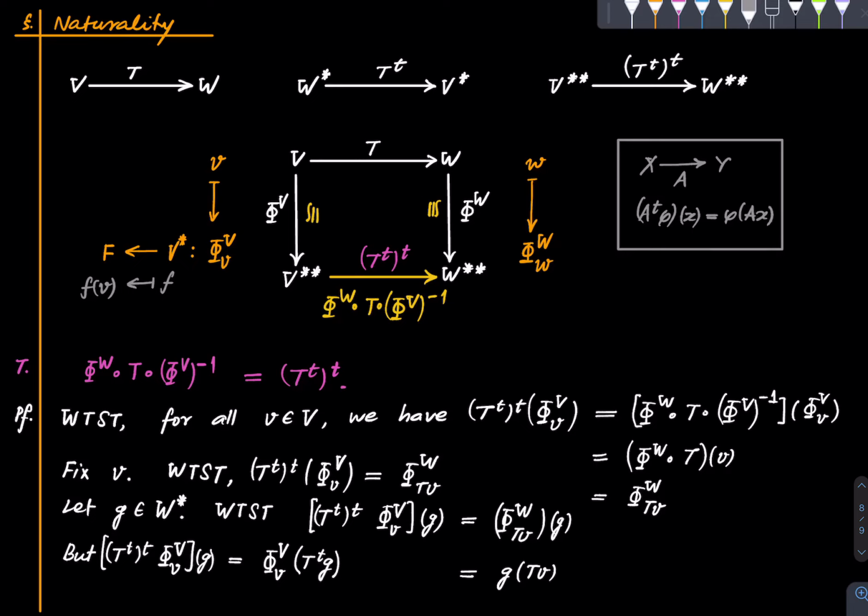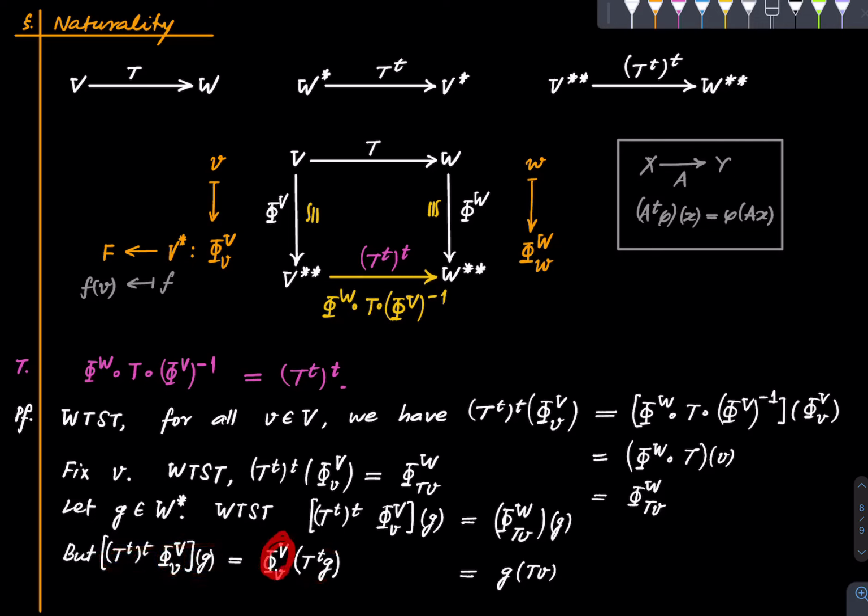That's how transpose behaves, and that is exactly what we did. So think of T transpose as a single guy. We have the transpose of this guy acting on a functional on W star, and then you're feeding this vector in W star. So it will be equal to this. Just convince yourself that this is the case.